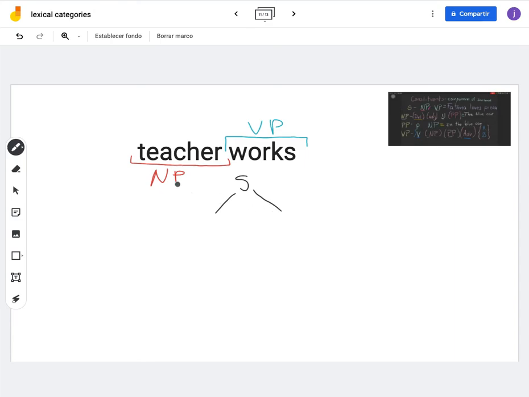And now we put noun phrase and verb phrase. So again we draw another line down and we put teacher.